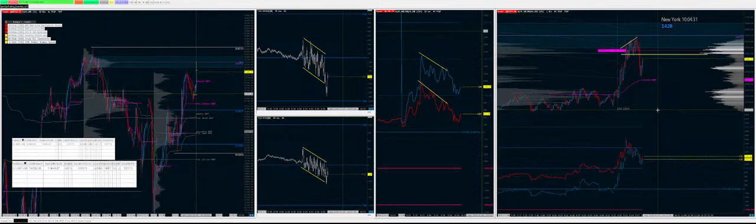Now, I'm not going to get out of this unless it really breaks that swing high. I like it that the ticks made new lows. So we'll just see what happens with it. We're up $2,058 right now on the day.